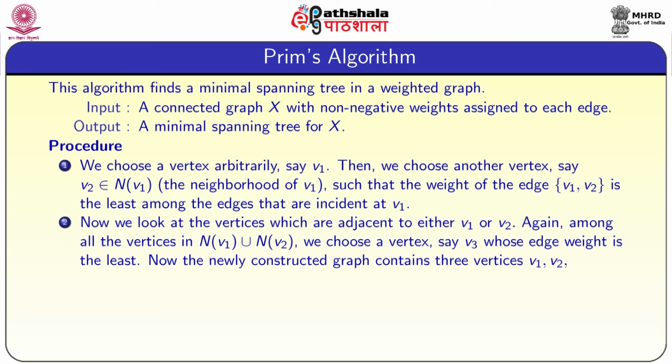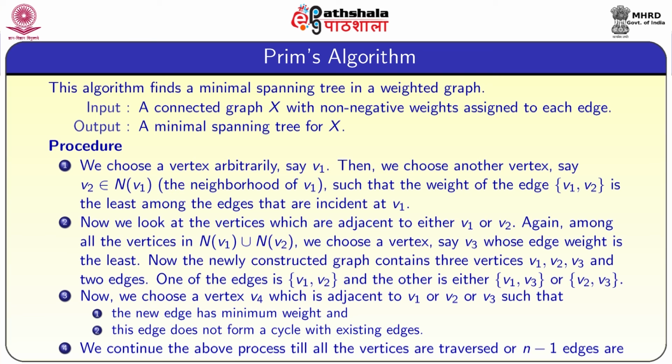Among all the vertices in the neighborhood of V1 union the neighborhood of V2, we choose a vertex, say V3, whose edge weight is the least. Now the newly constructed graph contains 3 vertices V1, V2, V3 and 2 edges. One of the edges is V1V2, the other edge is either V1V3 or V2V3.